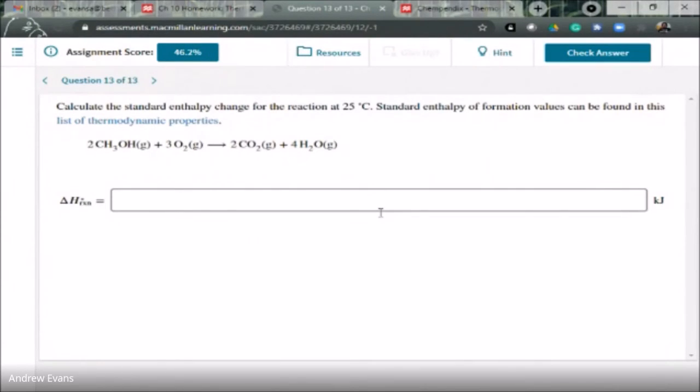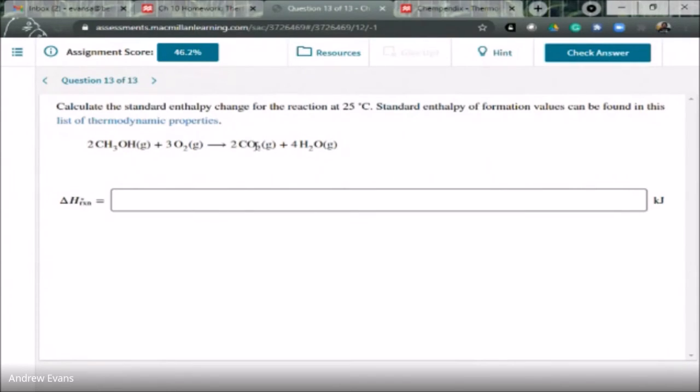Now this one is just the same. You look up the values. The only difference here is water is a gas, and this is methanol as a gas. And there are 2 of them, but it's the exact same process.